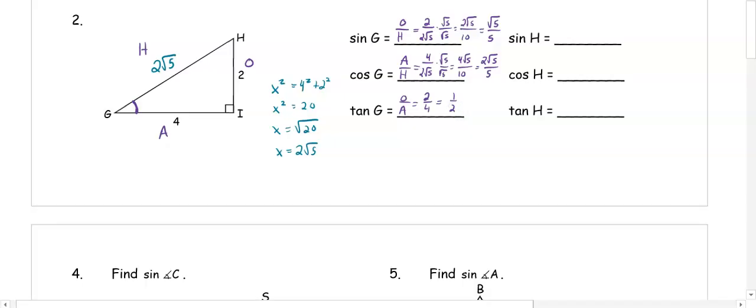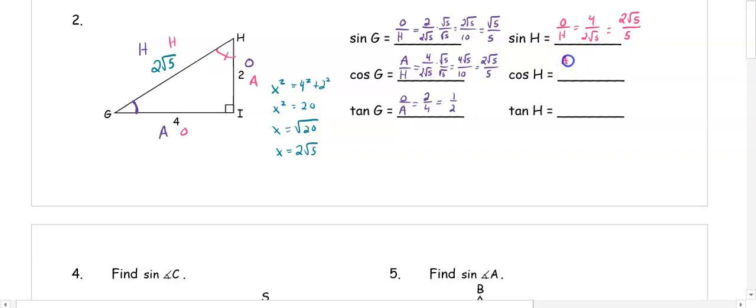When we switch our reference angle to angle H, the opposite and the adjacent switch, but the hypotenuse stays the same. So our sine of H is opposite over hypotenuse, which is 4 over 2√5, which we already know from before will simplify to 2√5 over 5.